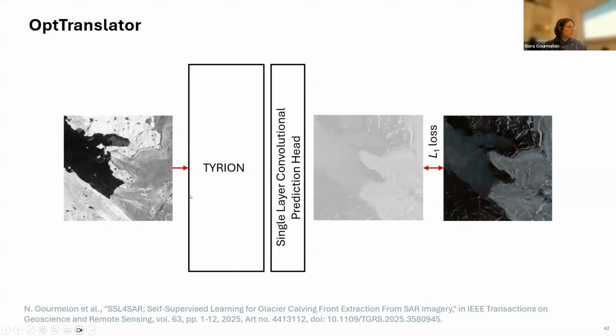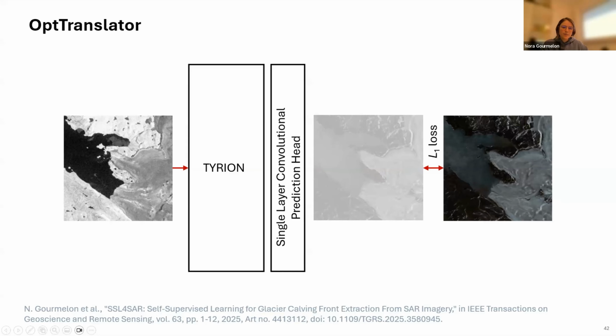Of course, the calving front will have moved in this time, but the static parts, like the rock and the orientation of where the ocean is and where the glacier is, all stay the same. And that's what the model can leverage during pre-training.